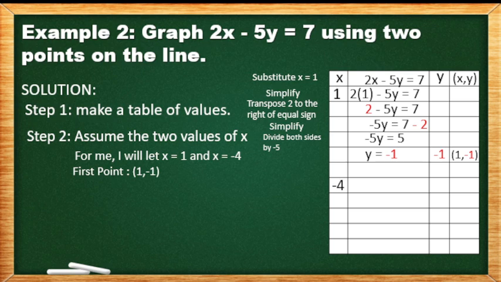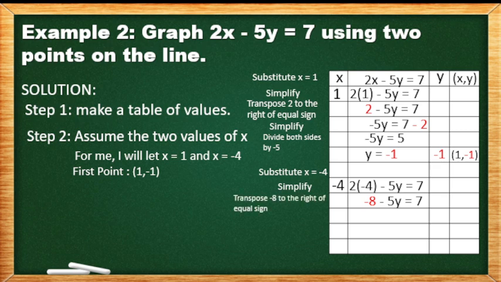Next, yung negative 4, in-assume natin. So, substitute natin yung sa given equations. So, mangyayari, 2 times of negative 4 and minus 5y equal to 7. So, 2 times negative 4 as to simplify, magiging negative 8 minus 5y is equal to 7. Then, transpose negative 8 to the right of equal sign.